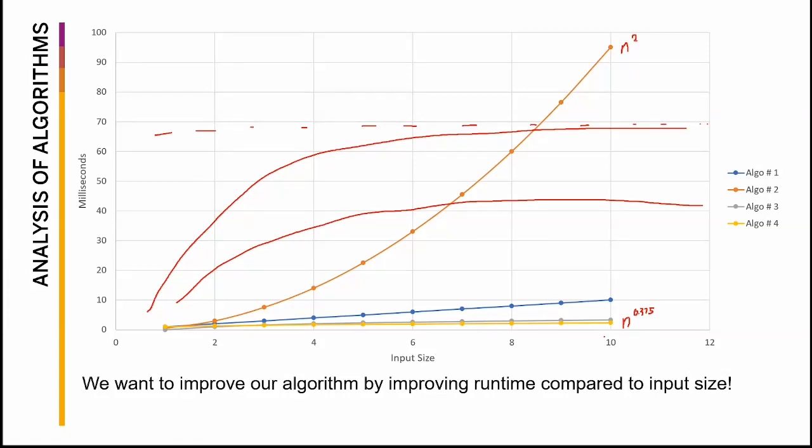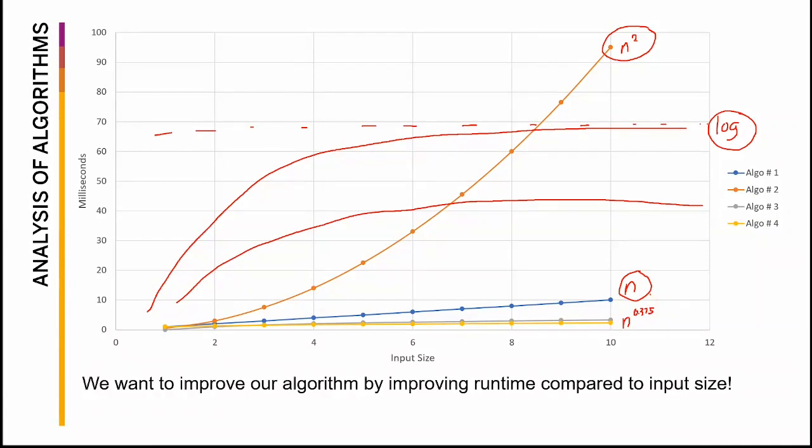Okay, so we want to improve our algorithm by improving runtime compared to input size. So ito yung parang objective natin. So once you understand these behaviors, n squared, this is a logarithmic, once we understand na the algorithm is a linear algorithm, then we can actually improve that.